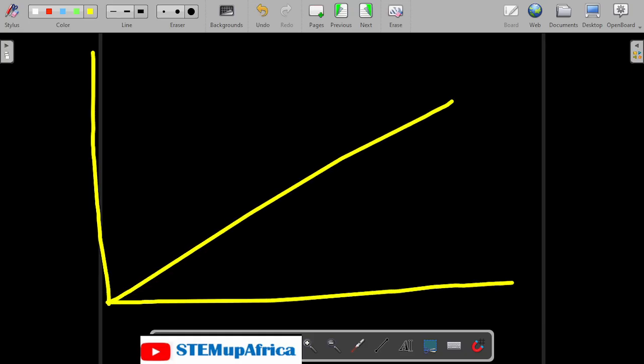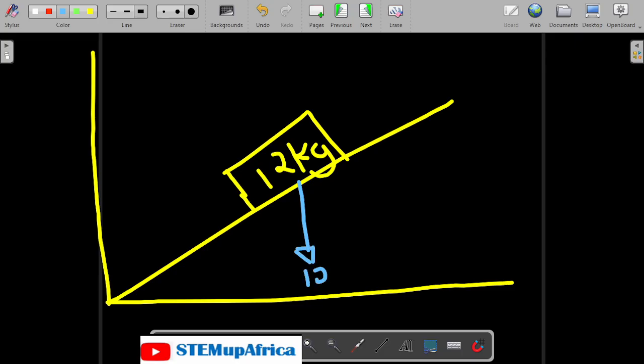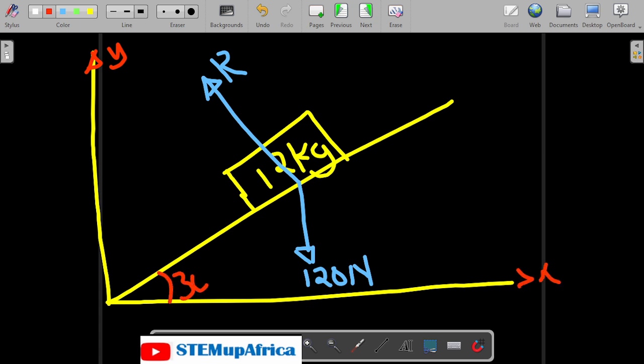This is now the body of 12 kilogram. So I'm going to have our weight as 120 Newton. Frictional force and normal reaction will oppose it. Here is our y, here is our x. It's also inclined at 30 degrees.